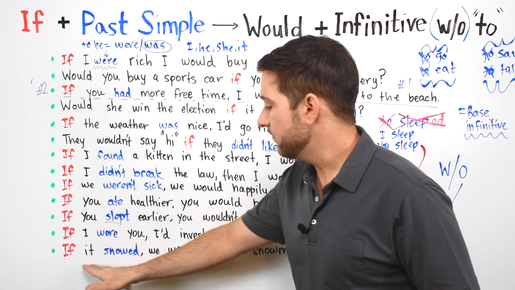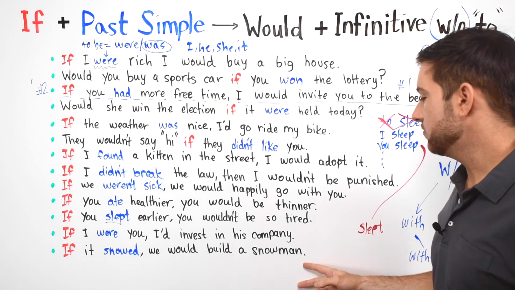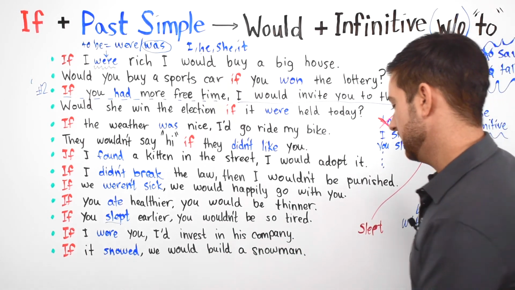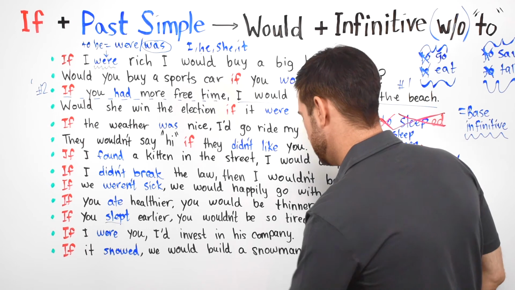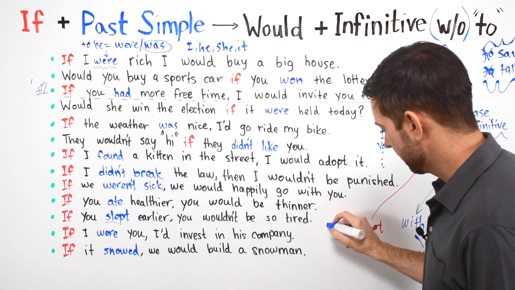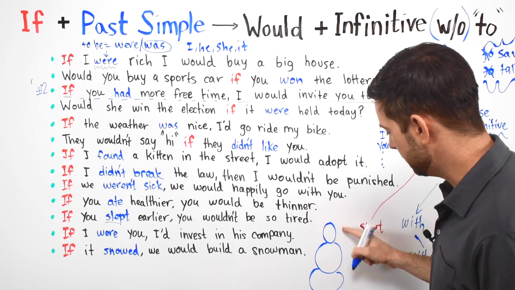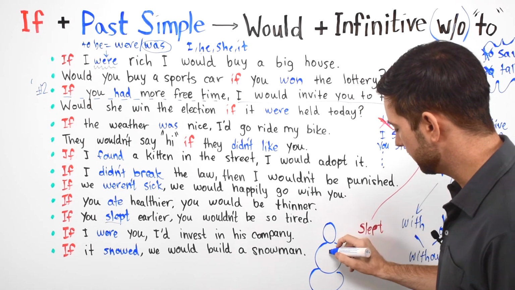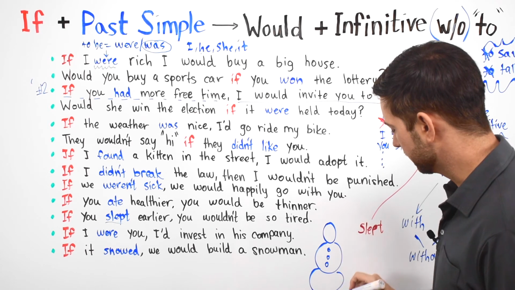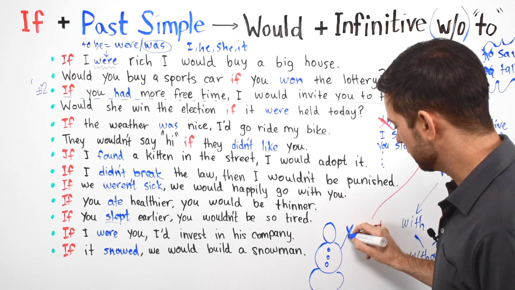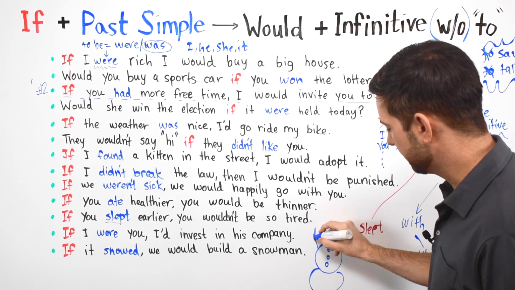And then finally, if it snowed, we would build a snowman. Okay, if it snowed, we would build a snowman. You know what a snowman is? A snowman has usually three large snowballs, and then you have the buttons. And then you have the arms. The arms are made out of sticks.